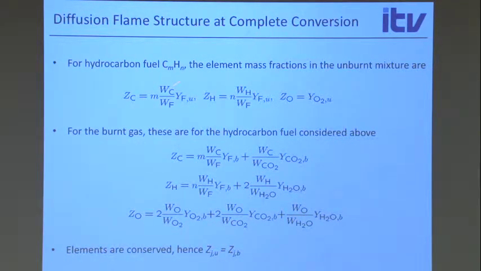In the unburned case, carbon only comes from fuel, hydrogen only comes from fuel, oxygen only comes from the oxidizer. And then in the burnt case, carbon comes from the fuel and from CO2, hydrogen comes from fuel and from H2O, and oxygen comes from oxygen, CO2, and H2O, okay?